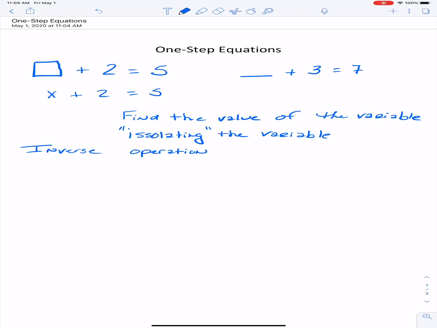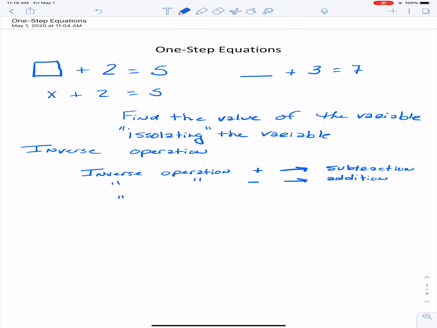For example, the inverse operation for addition is subtraction. The inverse operation for subtraction is addition.